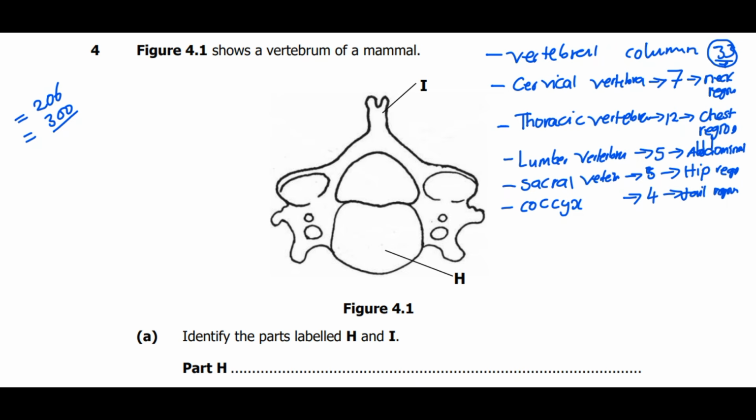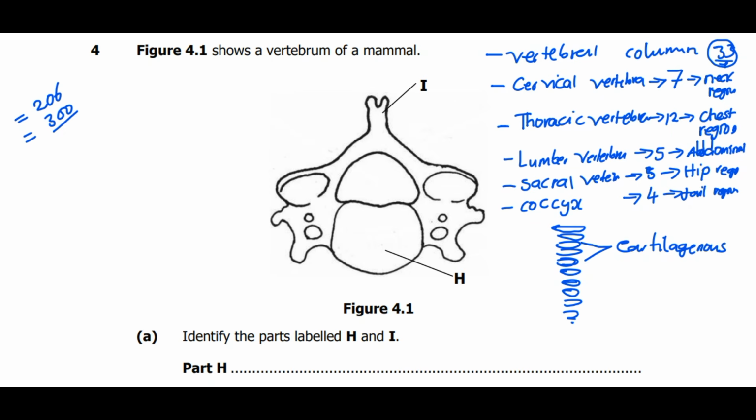Now the other thing that we need to look at is the way they are arranged like this, and they are 33. They only allow a slight movement. The type of joint that we have here is cartilaginous.